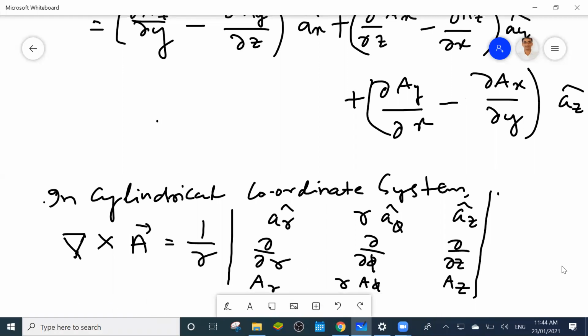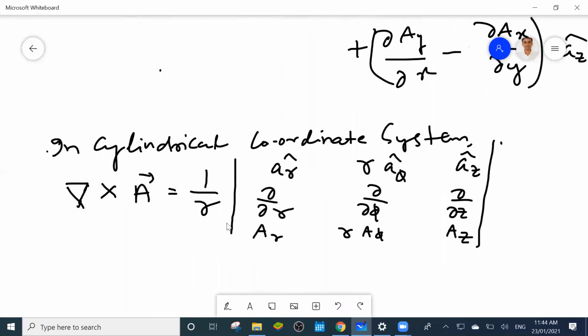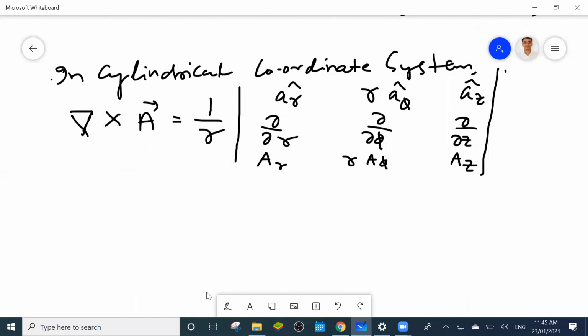Okay. Now you can also multiply this one. In some books, if you multiply, here will be 1 by r. This r will be cancelled because you can multiply all elements of any one row. So here 1 by r A_r cap, or here only A_phi cap.